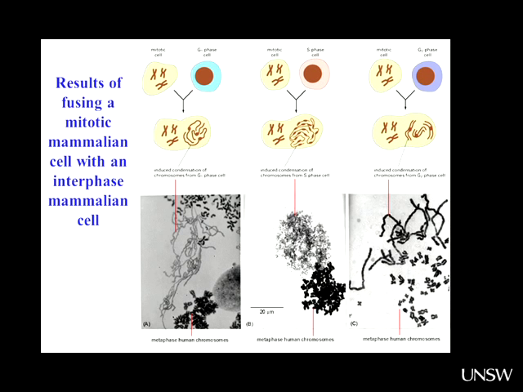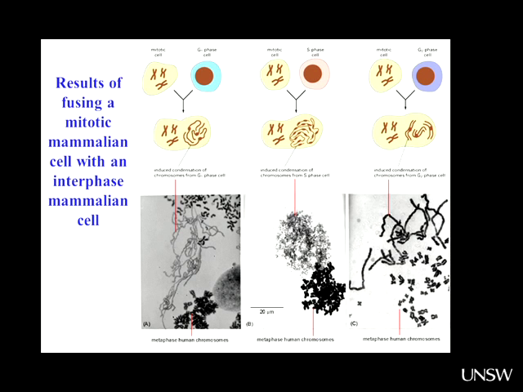So you can see here we have the metaphase chromosomes from the mitotic cell, and here you can see this G1 cell, the chromosomes are now starting to condense. Instead of looking like this, where they're decondensed, they start to condense.